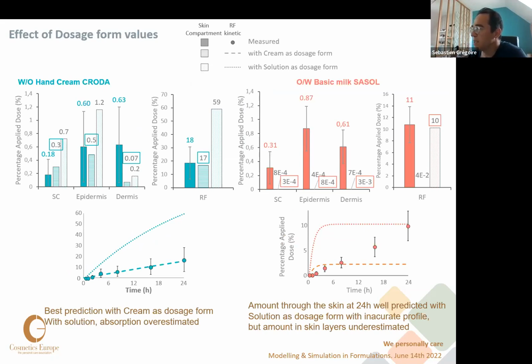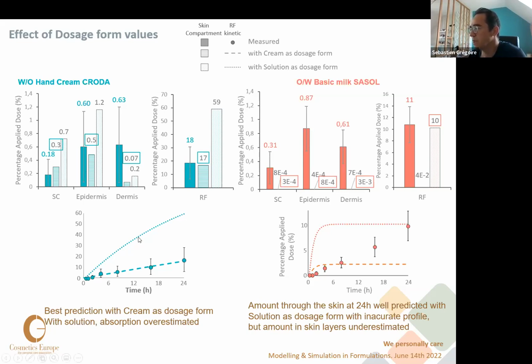But another thing we have to consider is the type of dosage form. Here in this plot, you still have in blue the experimental value, or here in red the experimental value. This bar graph corresponds to the formulation when it's modelized as a cream, and the dots correspond to when the formulation is modelized as a solution.